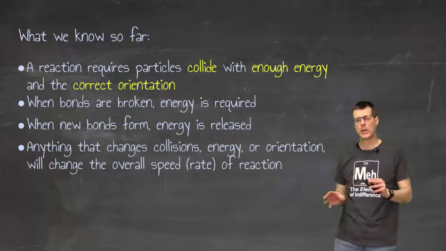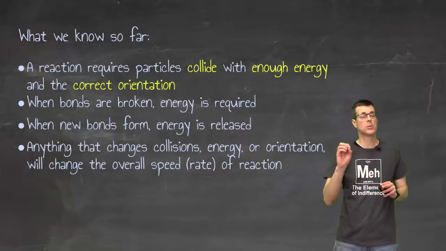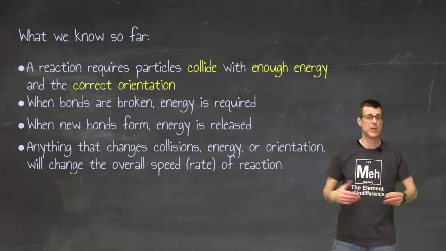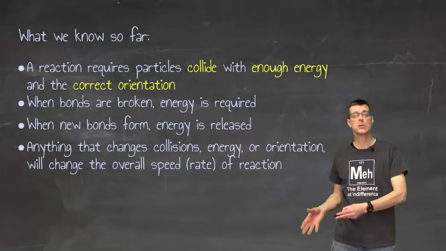Here's the last bit. Anything that can change the collisions, the energy, or the orientation is going to change how fast the overall reaction occurs, fast reactions versus slow reactions.